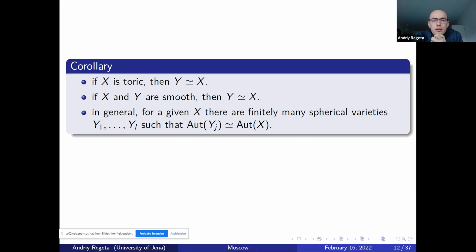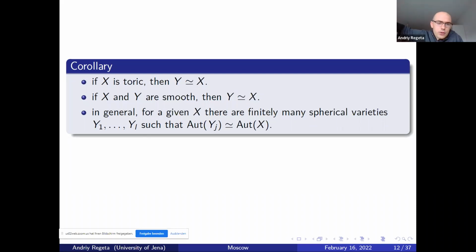But in general, for a given X, there are finitely many spherical varieties, Y1 and so on, YL, such that Aut Yj is isomorphic to Aut X. I should say that there are at most finitely many. We don't know. Most probably there is only one. But what we can prove is that there are at most finitely many.